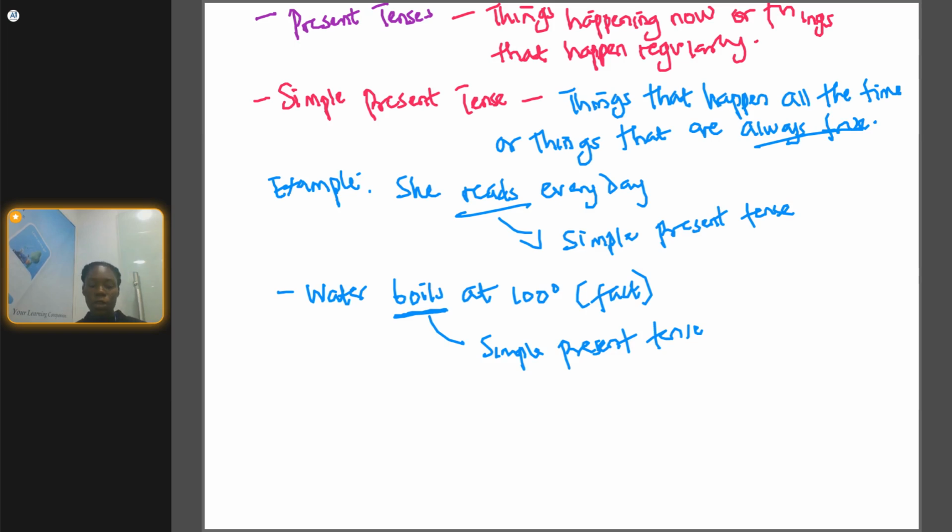Now, do not be confused. Like I mentioned when we started the lesson, try as much as possible not to miss any part of this class, because one of the things that we did last week in the last class was to look at subject verb agreement. Now, here is a subject, here is a verb. The subject is agreeing because the subject is singular.